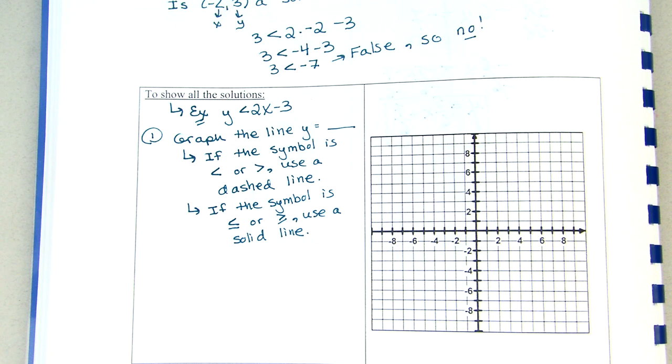If our symbol is less than or greater than, we're going to use a dashed line. If the symbol is less than or equal to or greater than or equal to, we'll use a solid line.